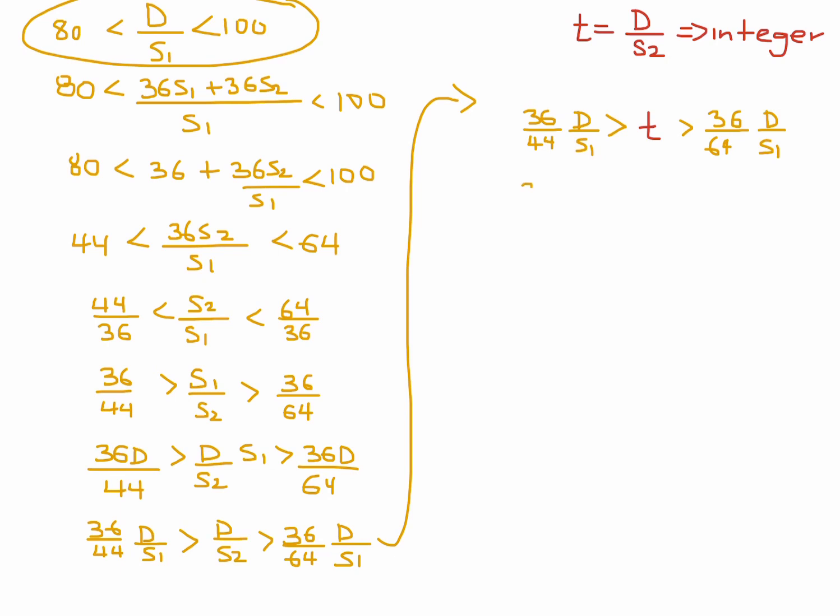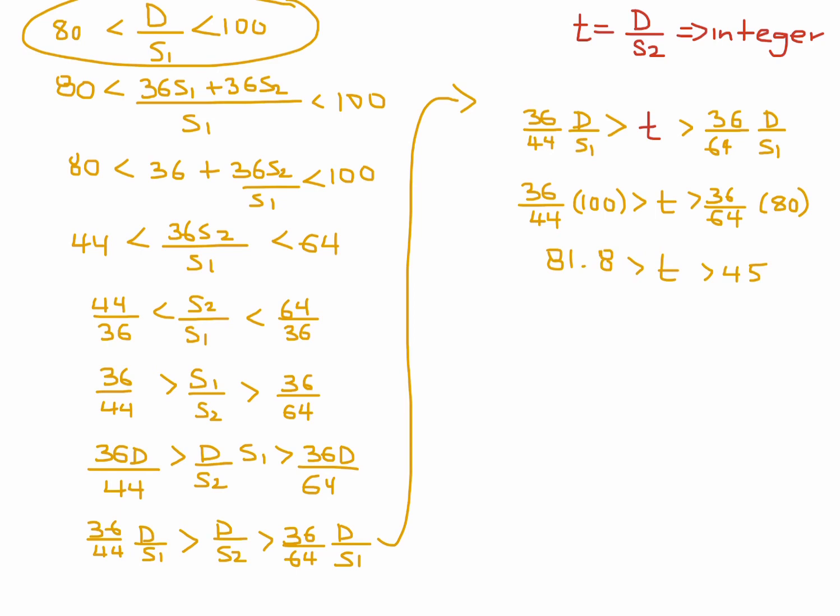I'm going to do both. First, let's say I put 100 on this part of the boundary, and I put 80 on this side, and let's see what we get. If we put these numbers, t comes out to be greater than 45, exactly 45, and less than 81.8.